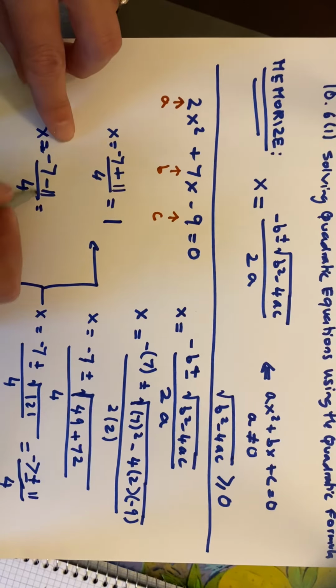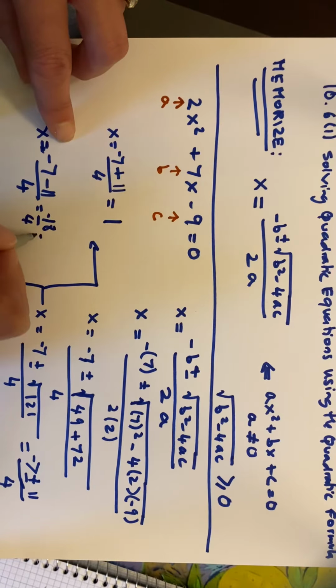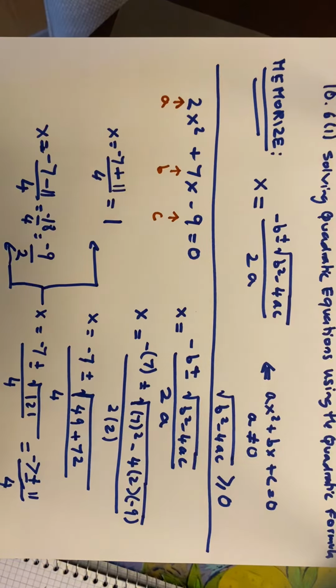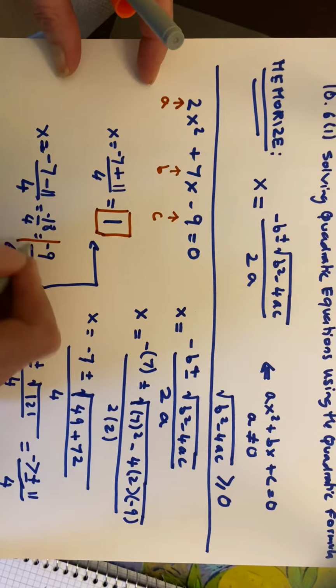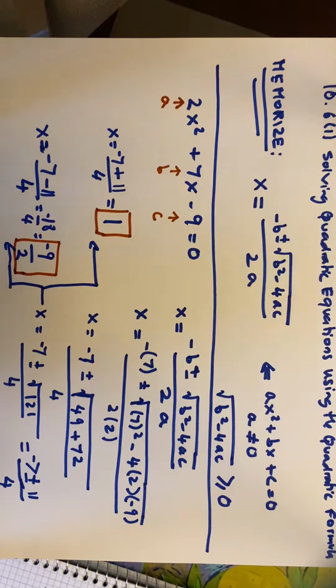And negative 7 minus 11 is negative 18. Negative 18 divided by 4 is negative 9 over 2. And so my two answers are going to be 1 and negative 9 halves.